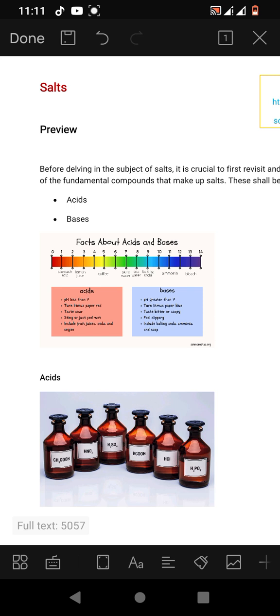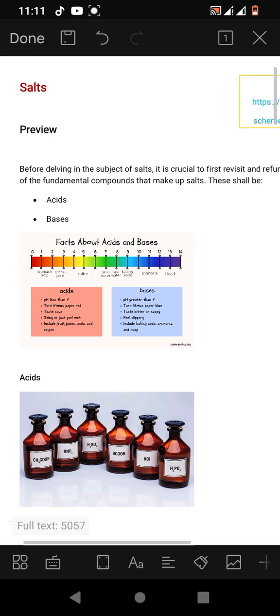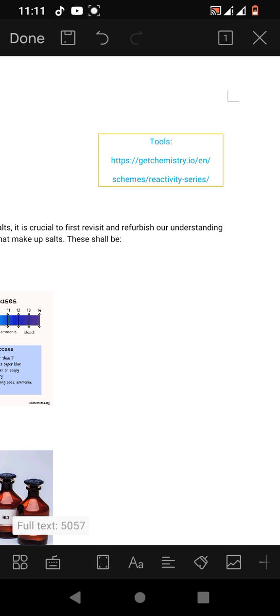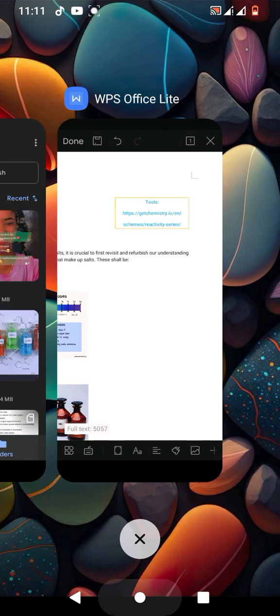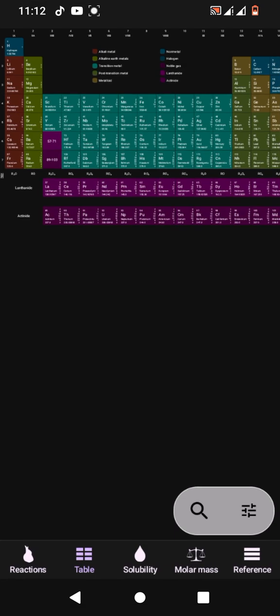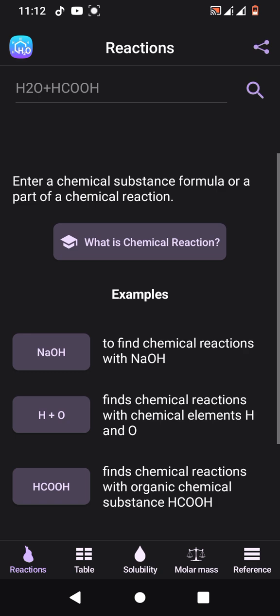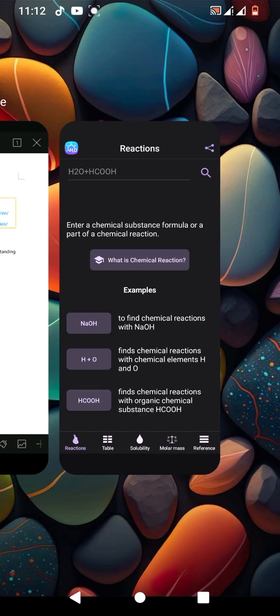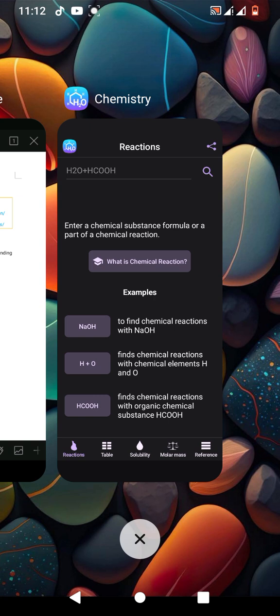So before that as well, I'd like to introduce you to one special tool, a very interesting chemistry app. You can find it on your Google Play Store if you are using Android. So it's written chemistry.